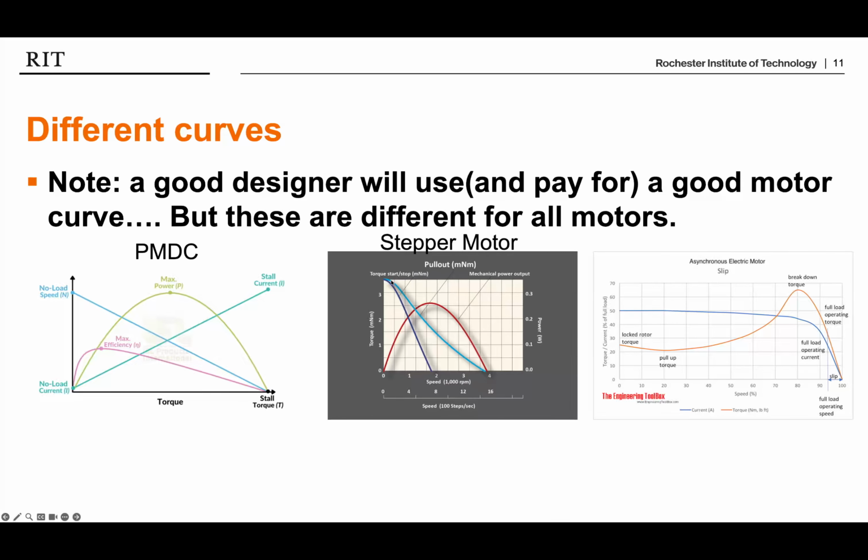With stepper motors, what we are concerned about is what we call our start and stop torque and our pull-out or pull-in torque. And start and stop torque gives us how much torque we need to do exactly that, start or stop an unloaded, disconnected motor.